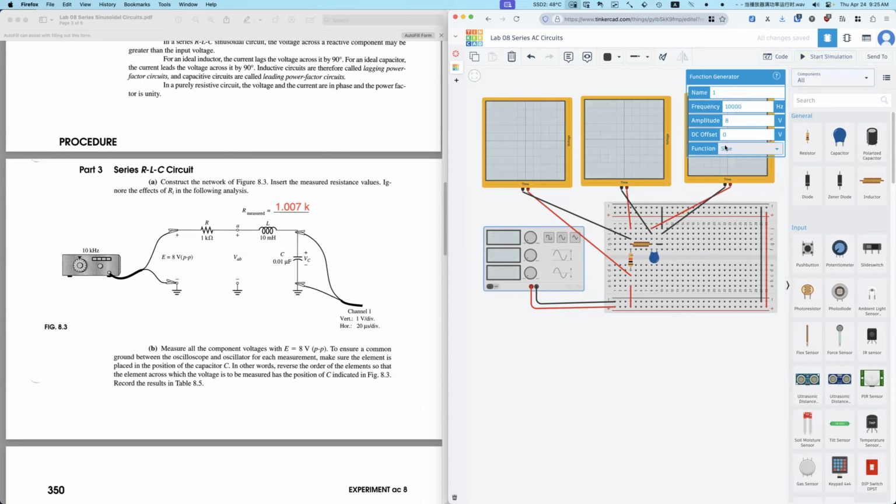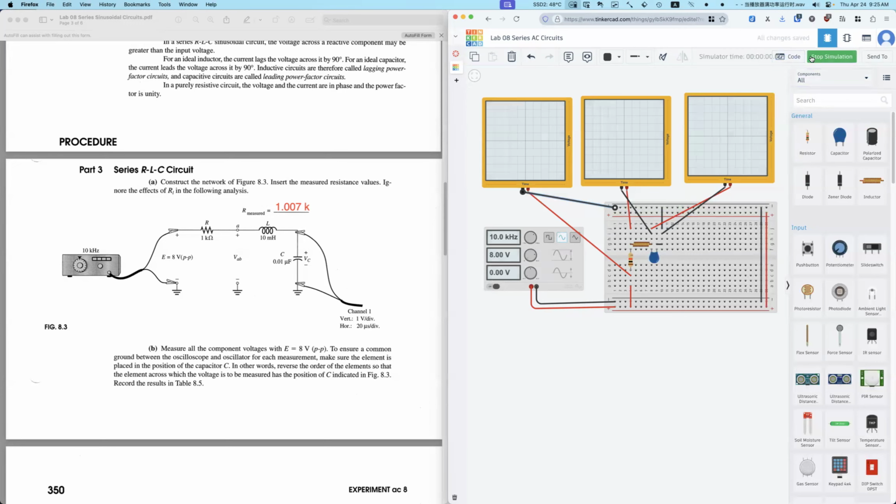Okay, so first let me check the power. Move this, go to the ground. Ground? Why?